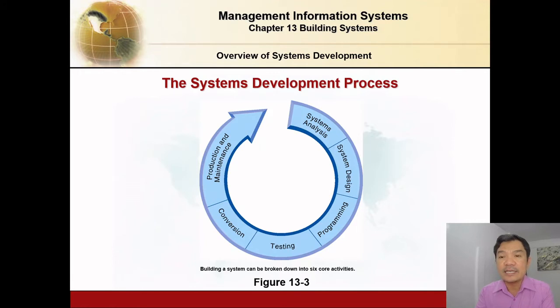Before the systems development process commences, the organization and the building team will agree on a feasibility study, or some champions in the organization that will support the systems development.